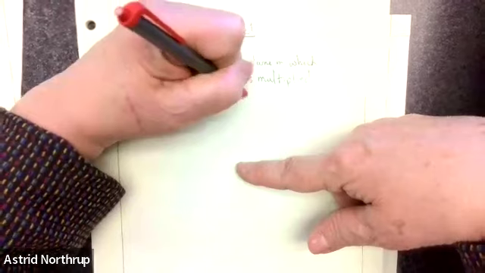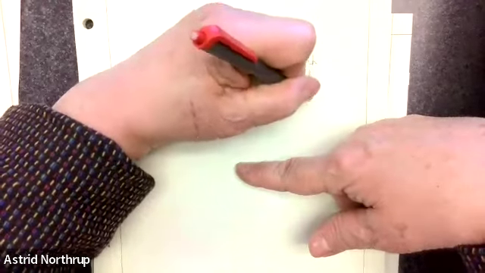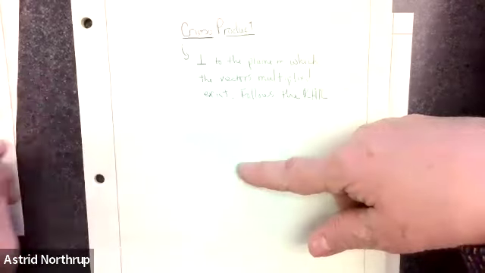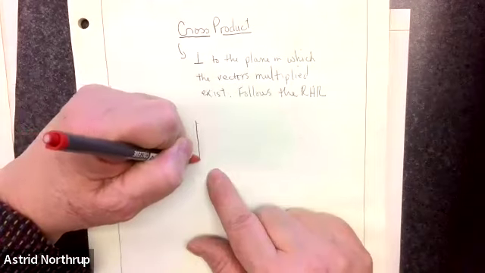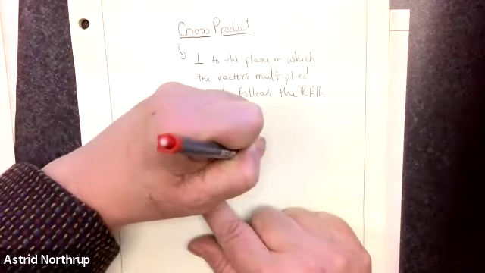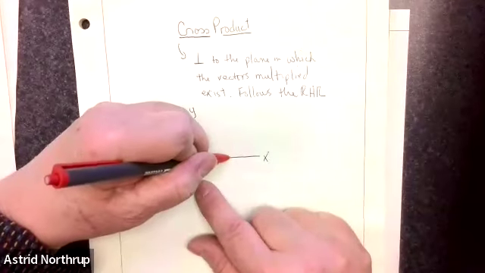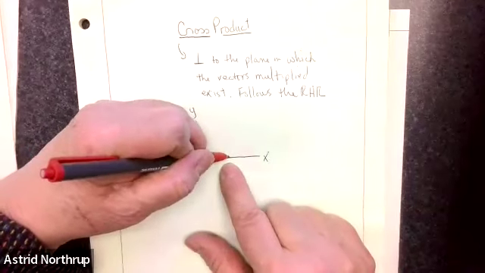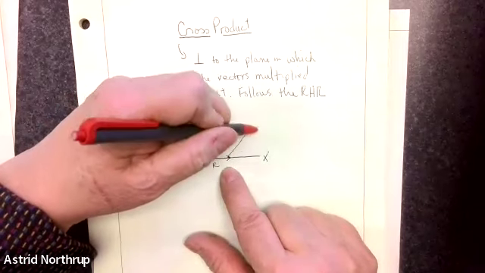And it follows, if you've had physics, the right-hand rule. Okay, so in 2 dimensions, this is what a cross product looks like. X and Y. You have a vector R, and you cross it with vector F.